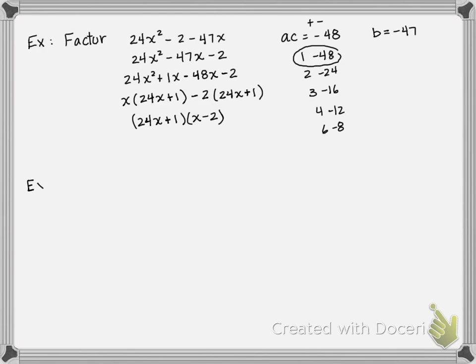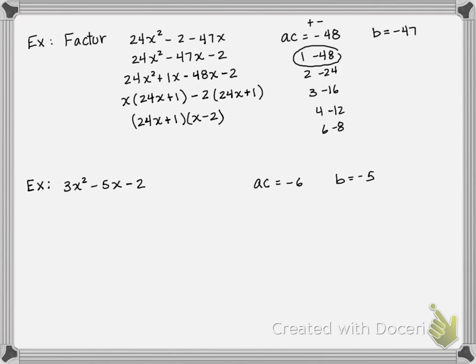Okay, here's one for you guys to try. We'll do 3x squared minus 5x minus 2. Okay, so AC is negative 6 and B is negative 5.